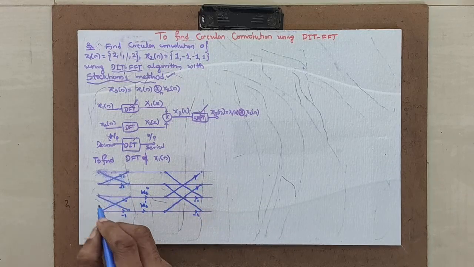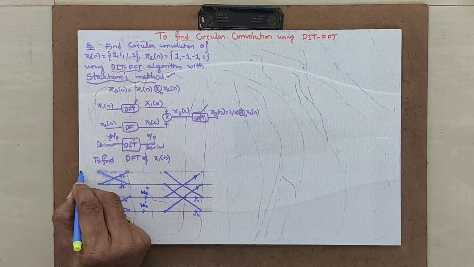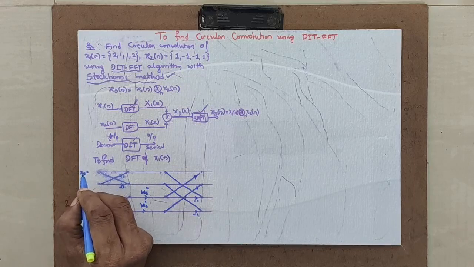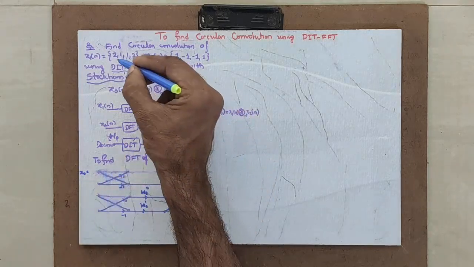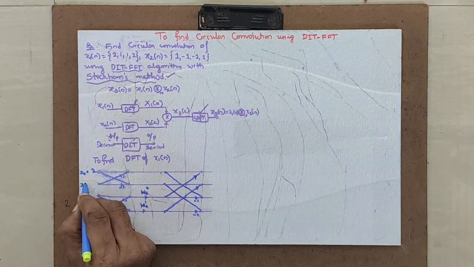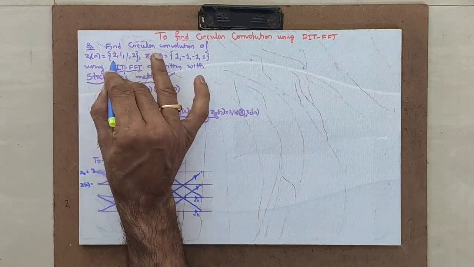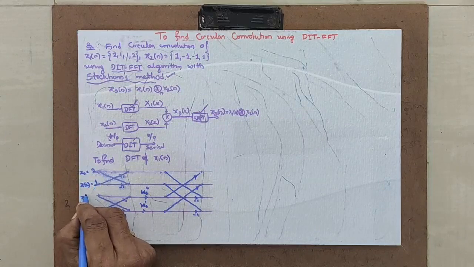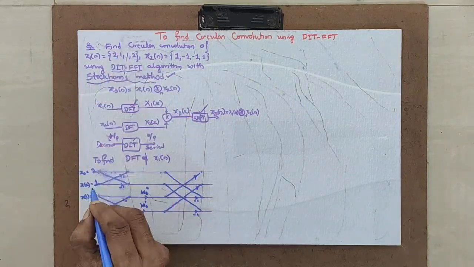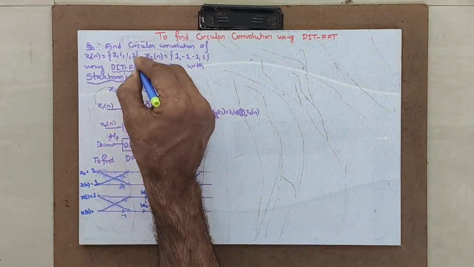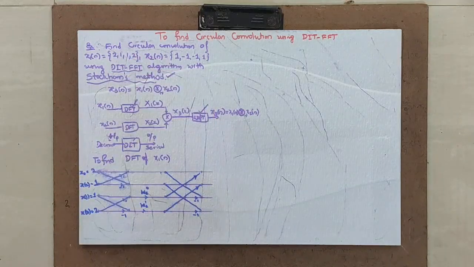Now I will write here the decimation on this side: x0 is equal to 2, x2 is 1, x1 is 1, then x3, the last one, is 2.